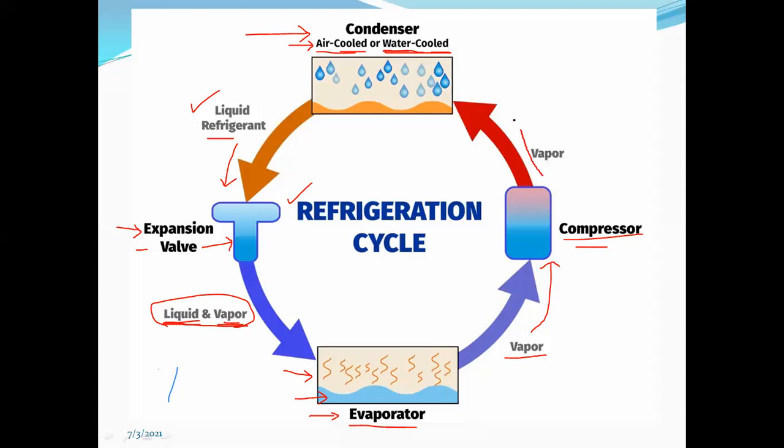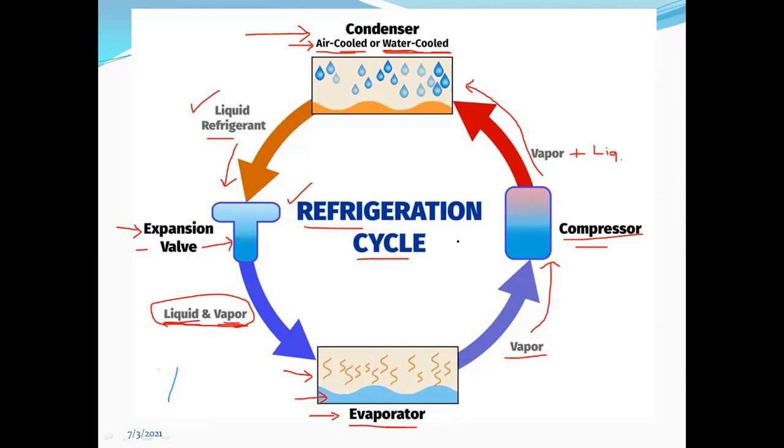Then the condenser condenses it: suppose a mixed phase of vapor plus liquid is there, whatever vapor is there is condensed to form a liquid inside the condenser, and again the liquid refrigerant is transferred to the expansion valve, then evaporator, then compressor, and then condenser. So this is the course of how the refrigeration cycle goes on.